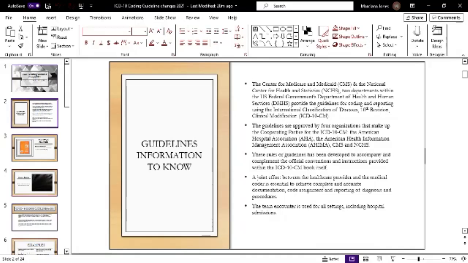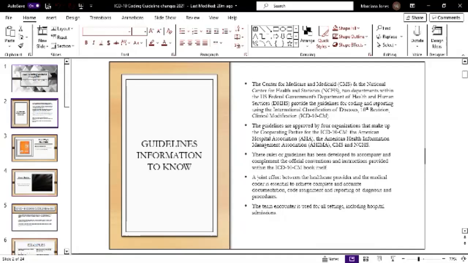The guidelines are approved by 4 organizations that make up the cooperating parties for the ICD-10-CM: the American Hospital Association, the American Health Information Management Association, CMS, and NCHS. These rules or guidelines have been developed to accompany and complement the official conventions and instructions provided within the ICD-10 book itself.